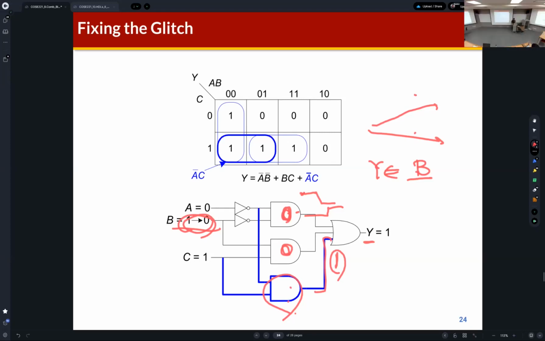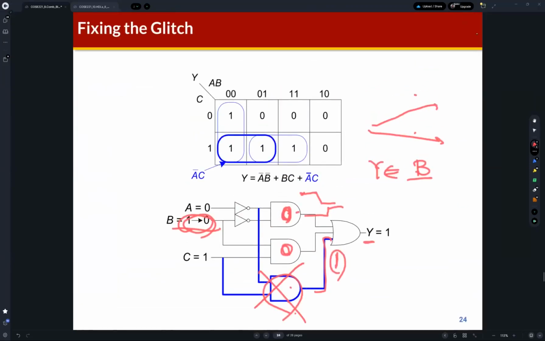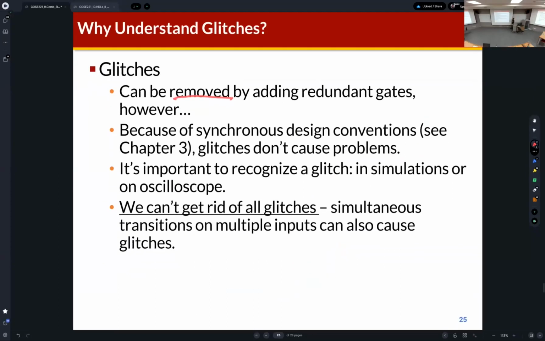So actually, we discussed glitches, and we also know that glitches can be removed by adding a redundant gate. This is not actually required by the logic, but in order to remove glitches, we can add more gates.